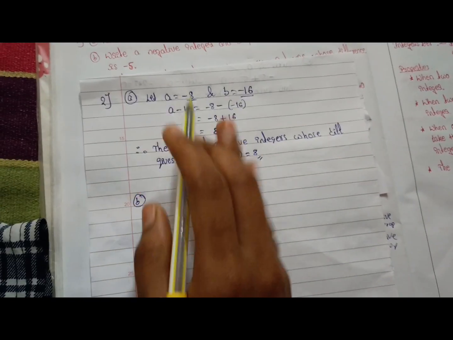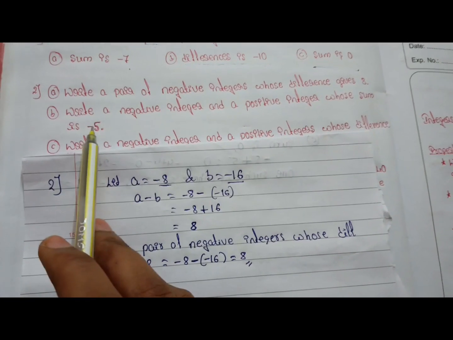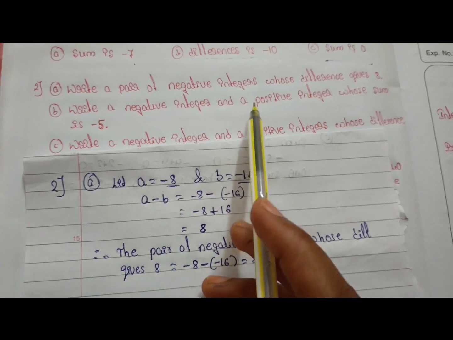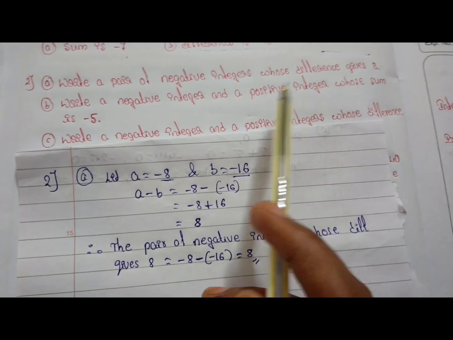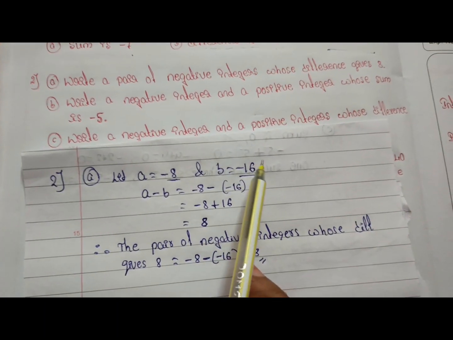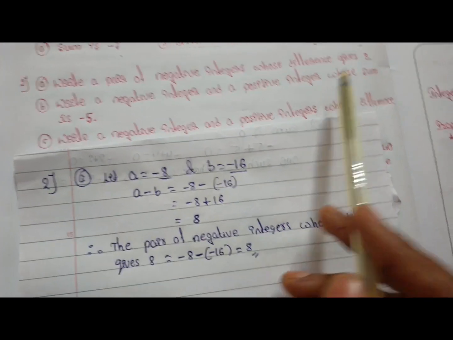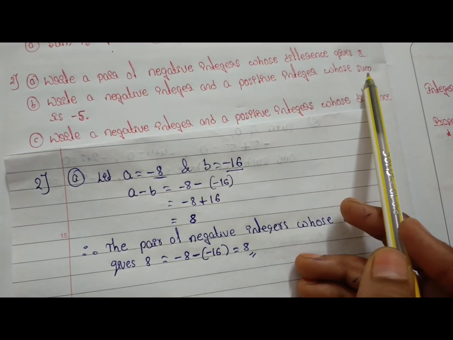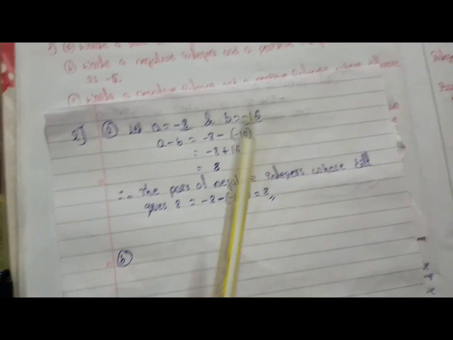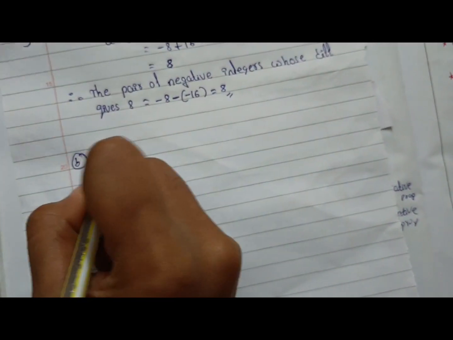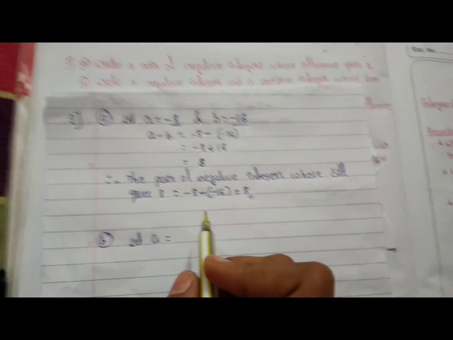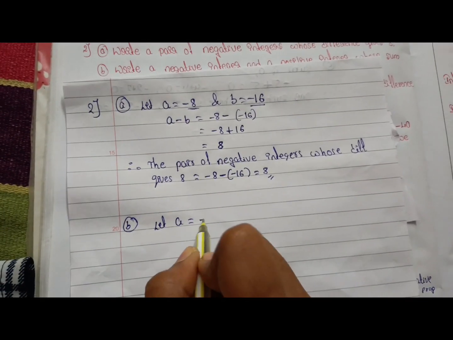Next sub question: write a negative integer and a positive integer whose sum is minus 5. Here we have to add one negative integer and one positive integer. Sum means addition. Let a is equal to a negative integer. Take minus 10. A is equal to minus 10.